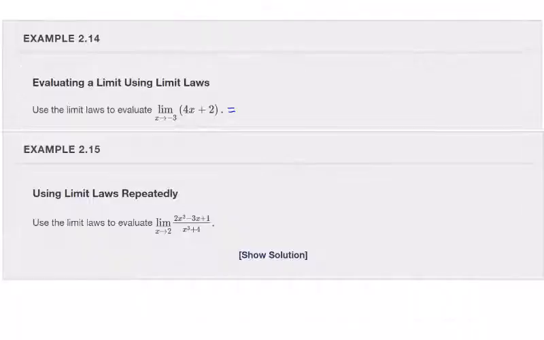And so basically, instead of writing it like this, I can say this is the limit as x approaches -3 of 4x plus the limit as x approaches -3 of 2.